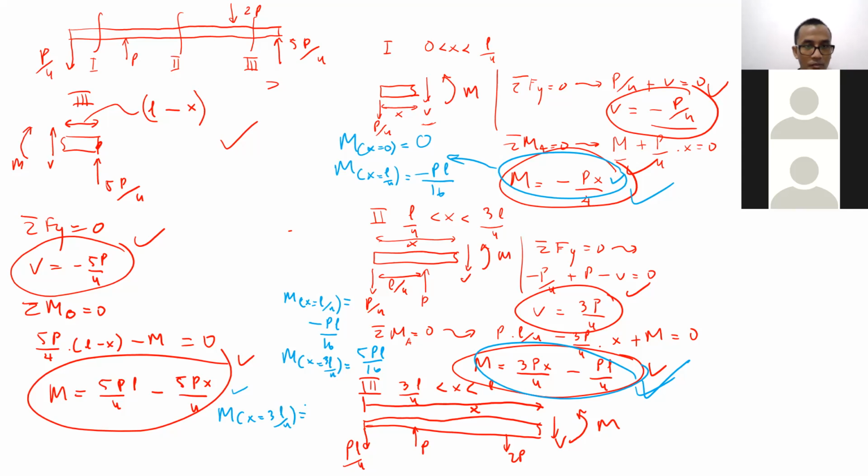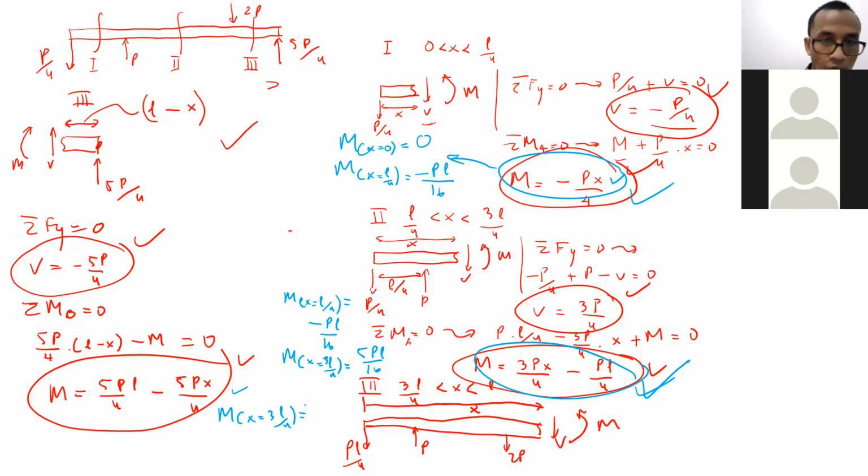The value there is supposed to be what? 5PL over 4 minus 15PL over 16. So it's 20PL over 4 minus 15PL over 16. Okay.